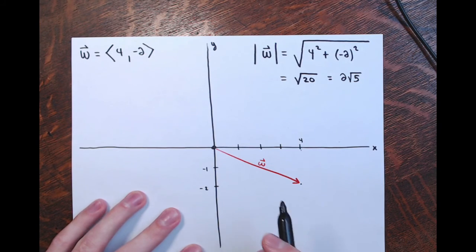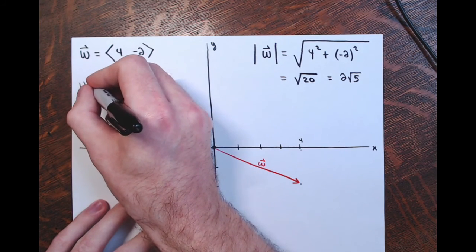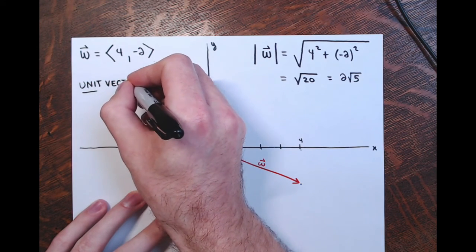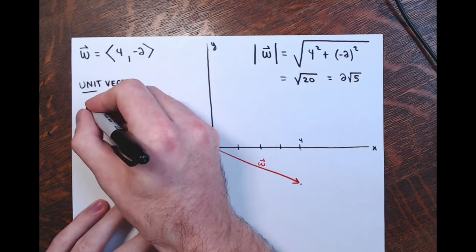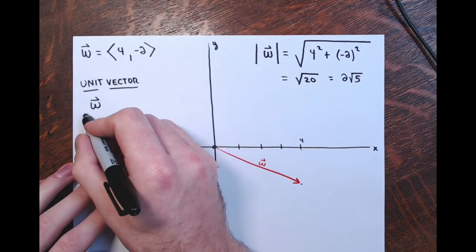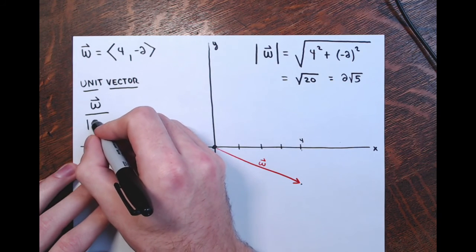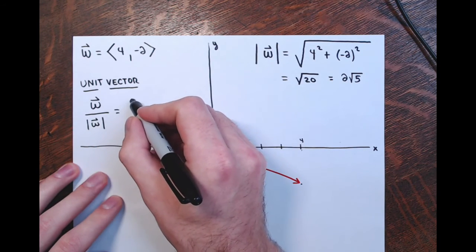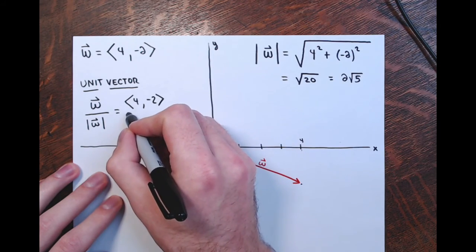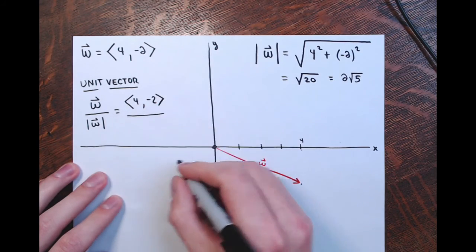Alright. So for our unit vector that points in the same direction, I just take our vector W, those components, and then divide by the magnitude of W. So take vector 4, -2 there, and divide each component by 2 root 5.